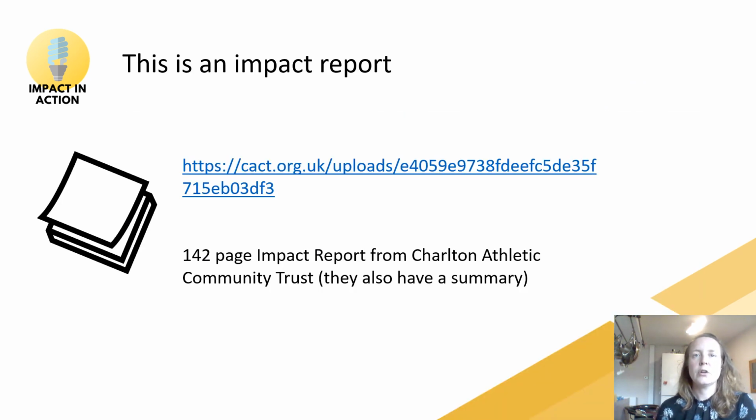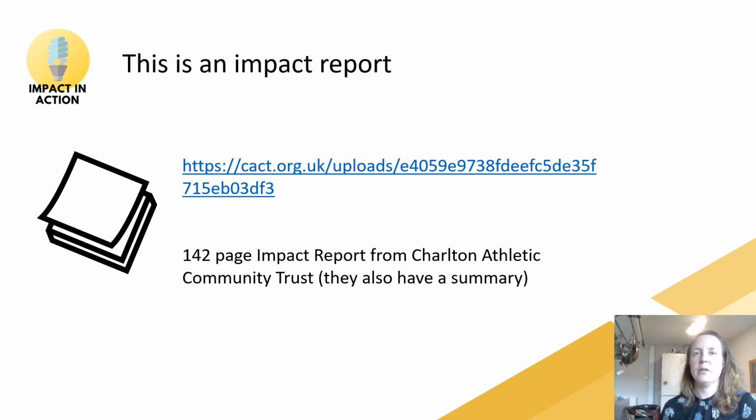So I'm going to look at a couple of types of impact report, and if you click on the link here, you'll be able to see a 142-page impact report from Charlton Athletic Community Trust, and it's a very research-driven piece of work.